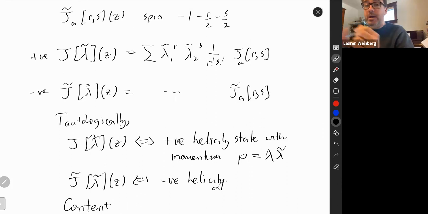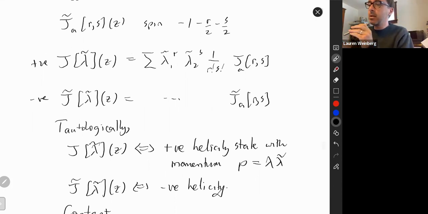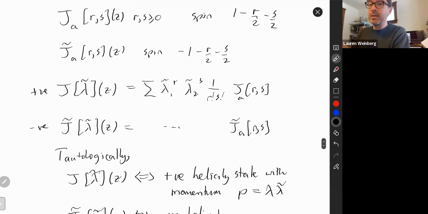What we've done in our chiral algebra is that, corresponding to the A field and positive helicity, I have one set of generators, and corresponding to the B field and negative helicity, I have another set of generators in my chiral algebra. You can read off the helicity from the spin, you see. So there's a change of sign in the spin. It's +1, that's -1, and that corresponds to positive and negative helicity.